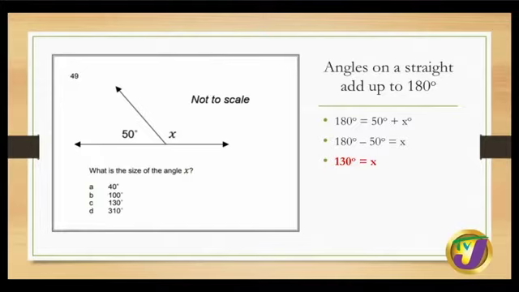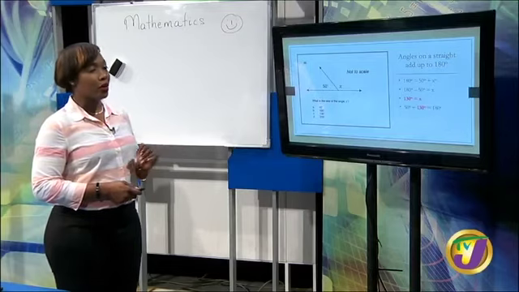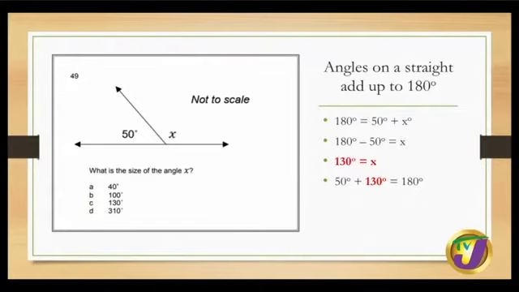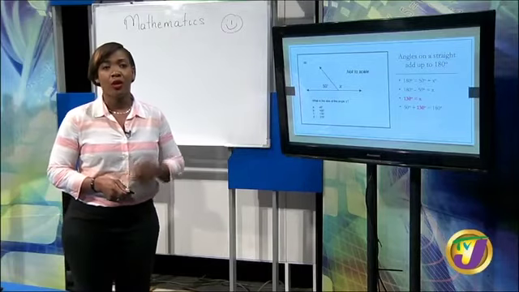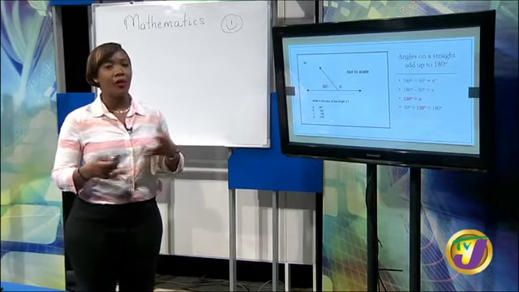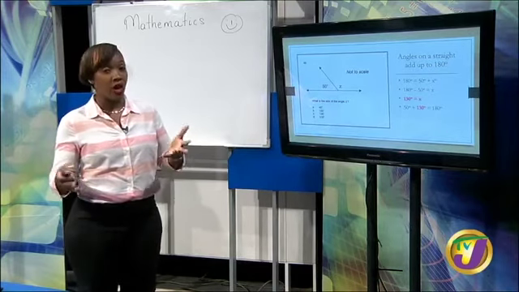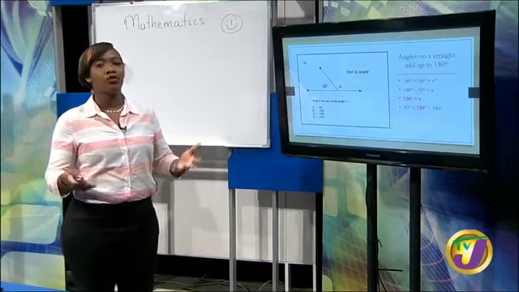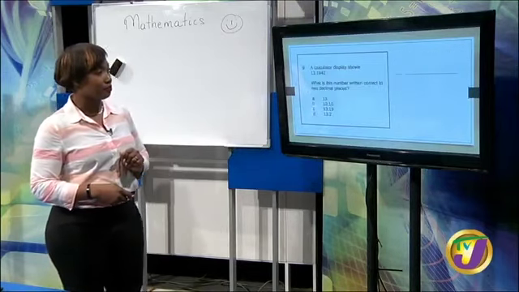So option C would be the best option here. And you can see 50 plus 130 gives us 180. So please remember, angles on a straight add up to 180 degrees. And if you are given a question where one of the angles is missing and you're given the option to find the other, just subtract it from the 180 and you get the next one.